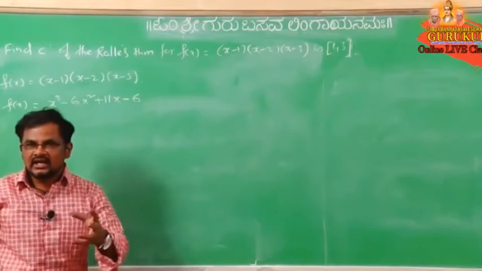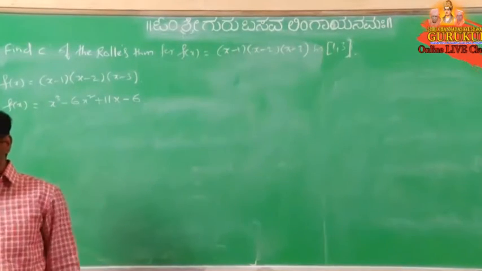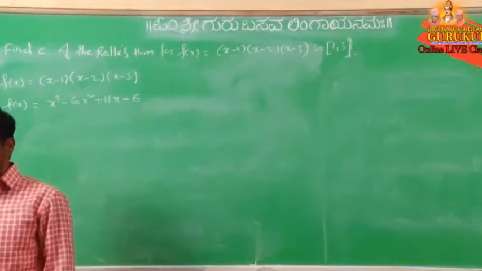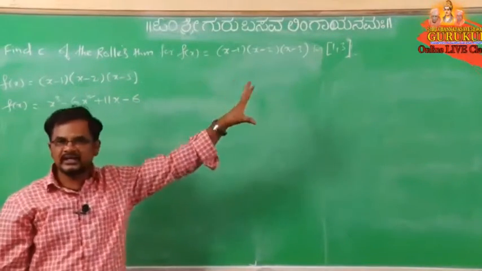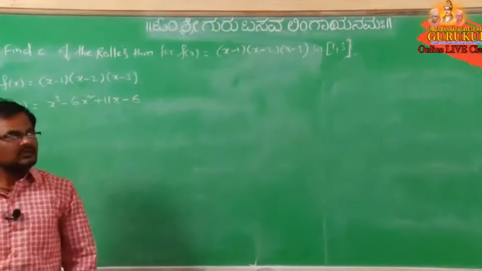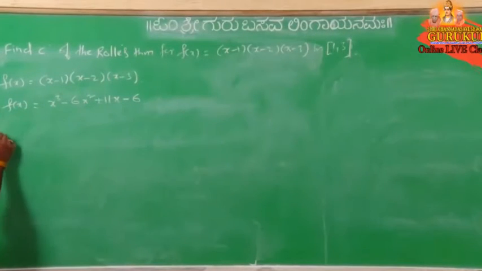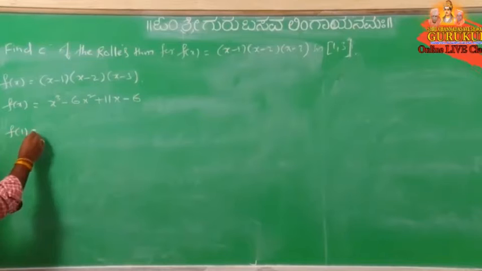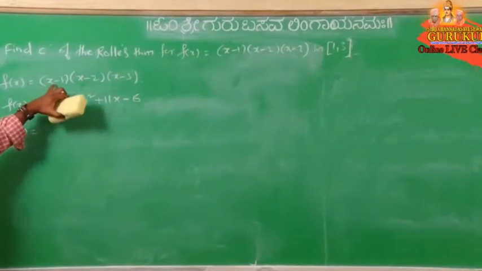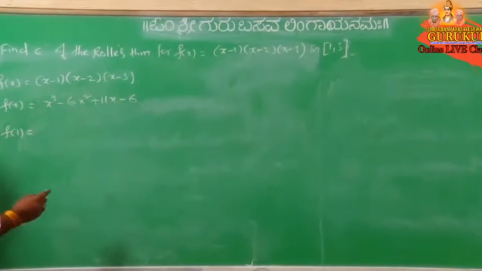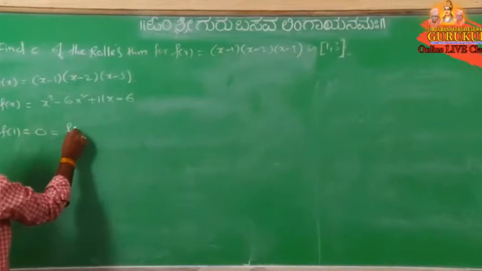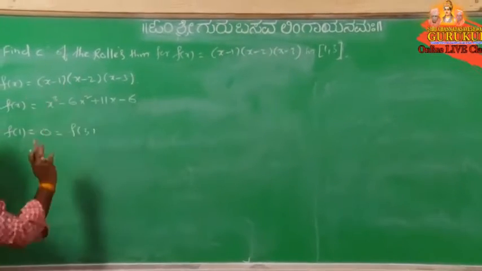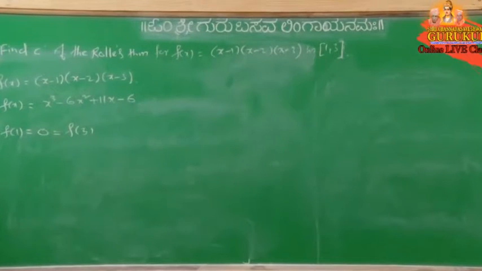We know that every polynomial function is continuous on closed interval a comma b and differentiable on open interval a comma b, right? So f of 1, if you substitute, 1 minus 1 gives 0, into a finite value, 0 you will get, and f of 3, 3 minus 3 into a finite value, it is 0.